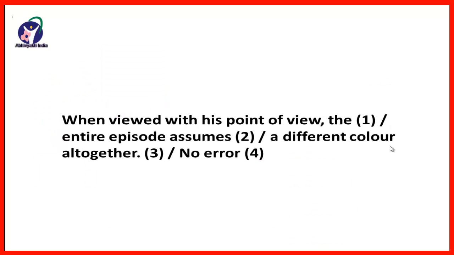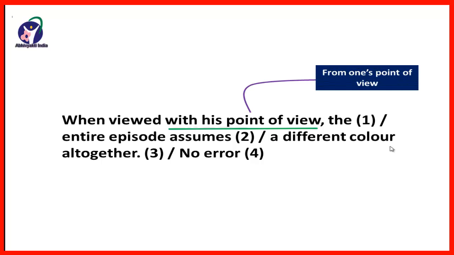The next sentence is: when viewed with his point of view, the entire episode assumes a different color altogether. When viewed with his point of view, here a phrase is used, with his point of view, but the correct phrase is from one's point of view.